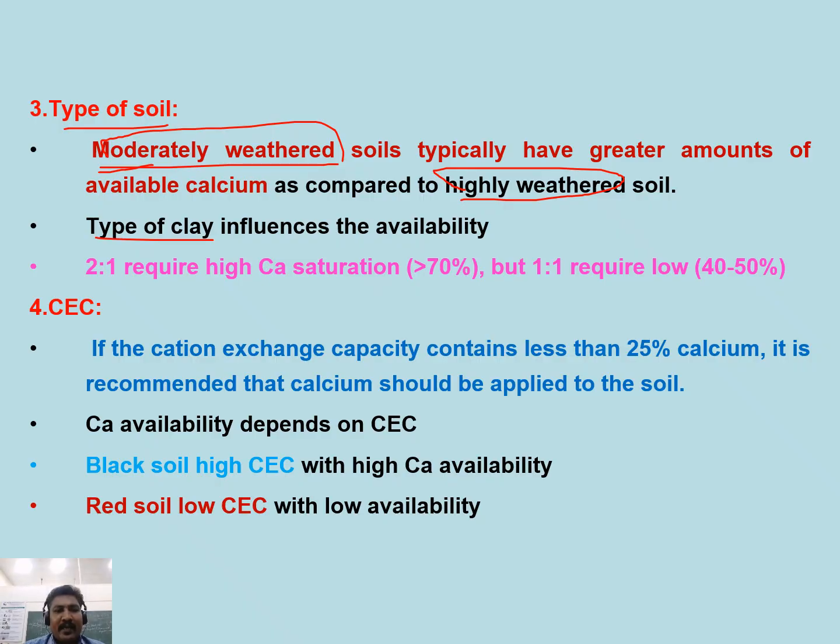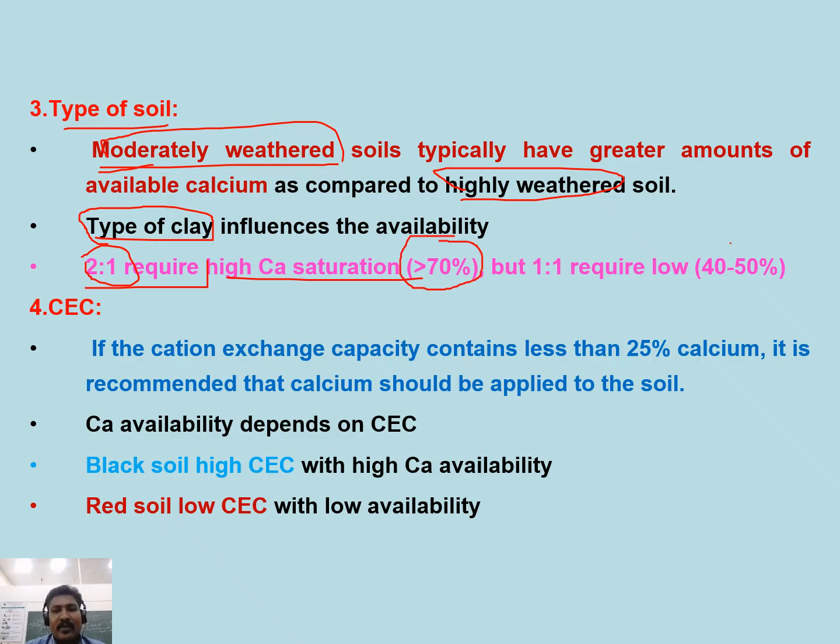The type of clay also influences availability, whether it is kaolinite clay, montmorillonite clay, or chlorite clay. This kind of clay also affects the availability of calcium. The 2:1 clay, which is an expanding type of clay mineral, requires high calcium saturation, about 70%.